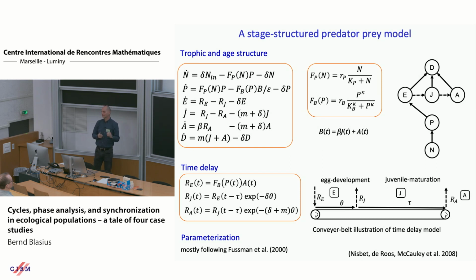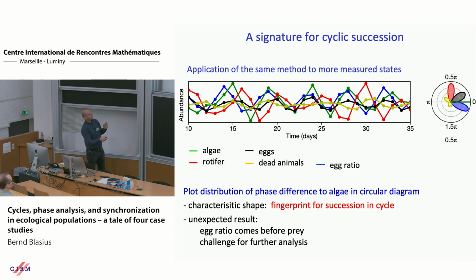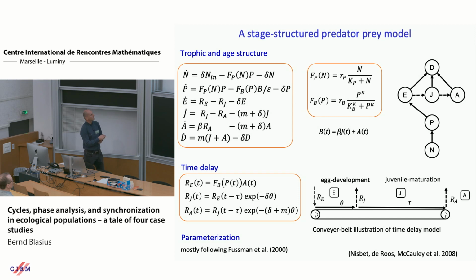We wanted to have these whole phase histograms correct. We wanted the egg ratio to really come before the other things, which meant we had to take time delays into account, like the egg needs to mature, and the time for juveniles to go to adults, so we needed to put in time delay differential equations.